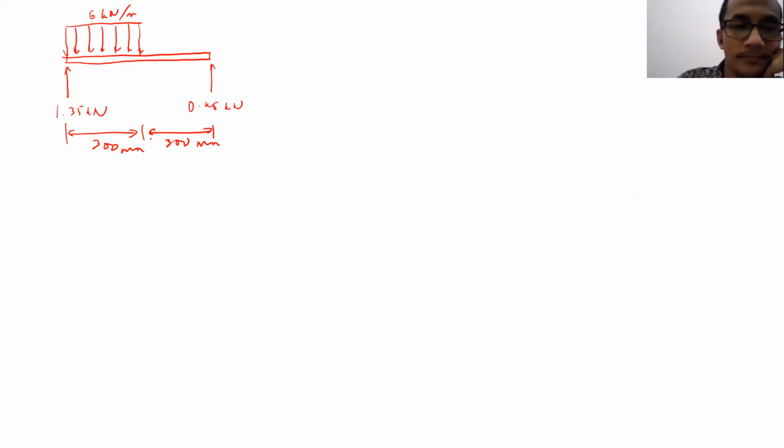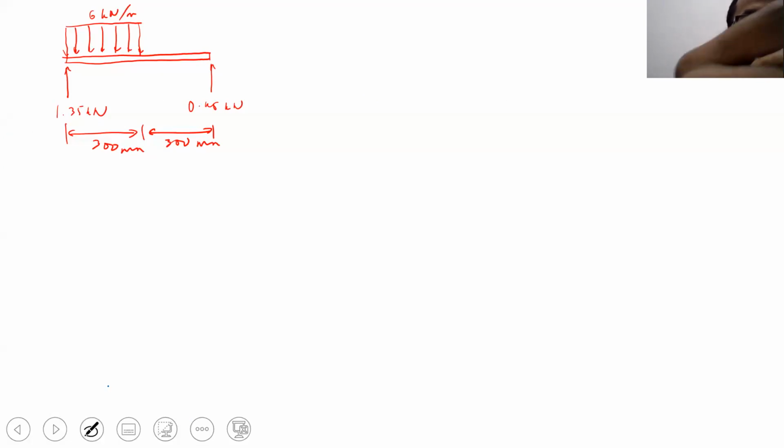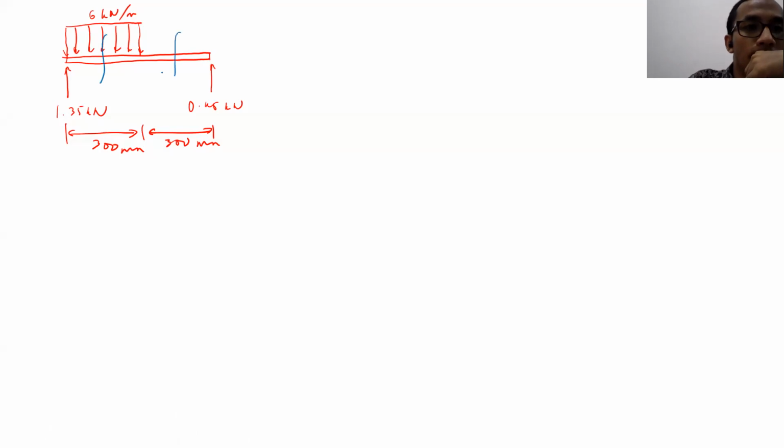Okay, Pak. So for this one, how many sections are we supposed to do? Only two. Only 2 sections is correct. This one and this one. This is our first section, and this is our second section, right?